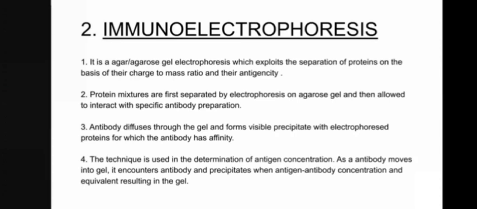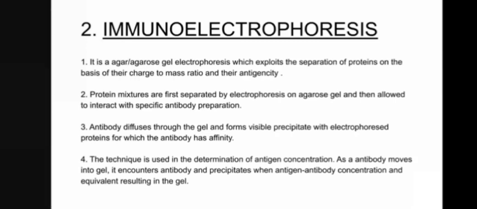Second type is immunoelectrophoresis. It's an agarose gel electrophoresis which exploits the separation of proteins on the basis of their charge to mass ratio and their antigenicity. Protein mixtures are first separated by electrophoresis on agarose gel and then allowed to interact with a specific antibody preparation.